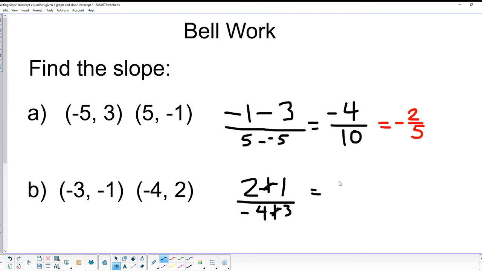So 2 plus 1 is 3. And -4 plus 3 is -1. So our slope on this one is -3/1. And oftentimes when you see it in an equation, they just write -3. But you know this is what it means. All right.